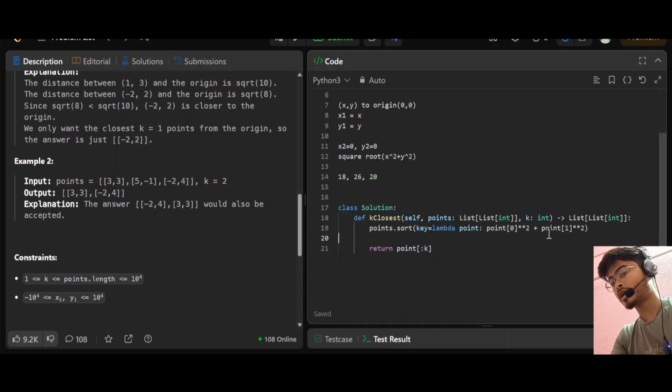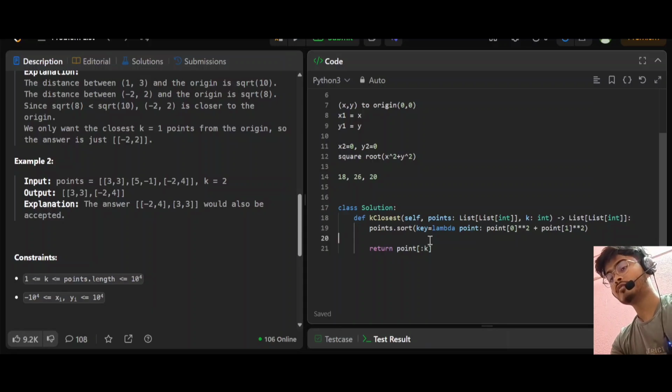So we are squaring it using the double asterisk exponentiation. The final value is the square distance of that point from the origin. Python sorts the points in increasing order of this value.